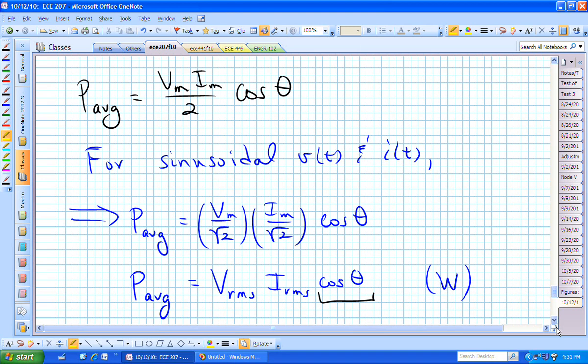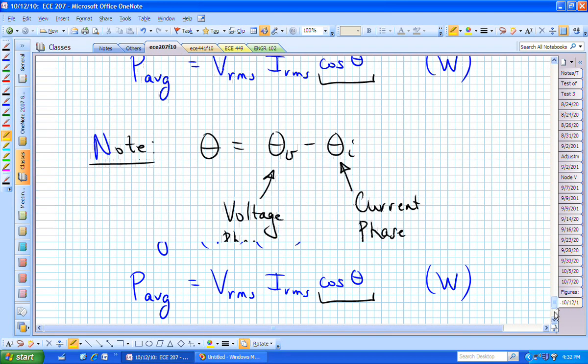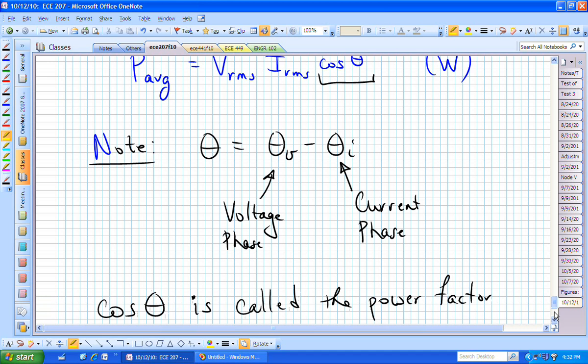Then it's just like a DC resistor, V times I. It's not DC, we're in a sinusoidal system, and so if we do not have a purely resistive load, we're going to have some reactive part, and that will introduce this angle theta. Cosine of that angle then gives us the power factor, which when used to adjust V times I RMS, gives us our average power.